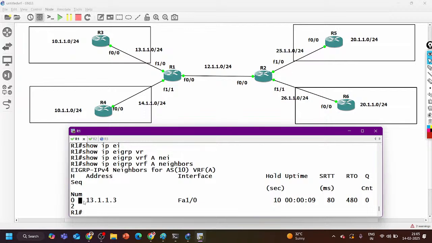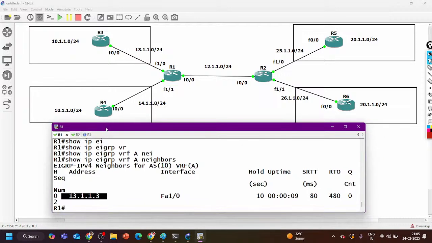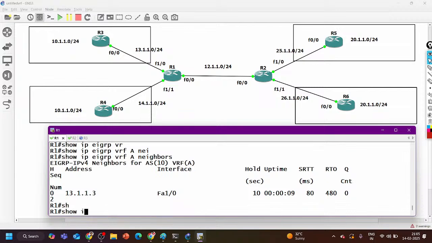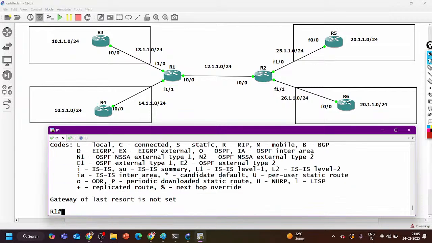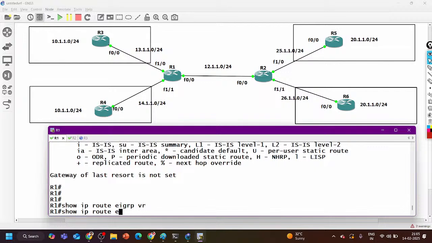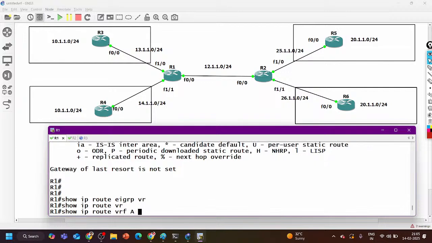Who is the neighbor? 13.1.1.3. And now in the VRF A routing table, I am expecting the 10 subnet also through EIGRP. With show IP route EIGRP, we cannot find it, right? So show IP route VRF A and then EIGRP.